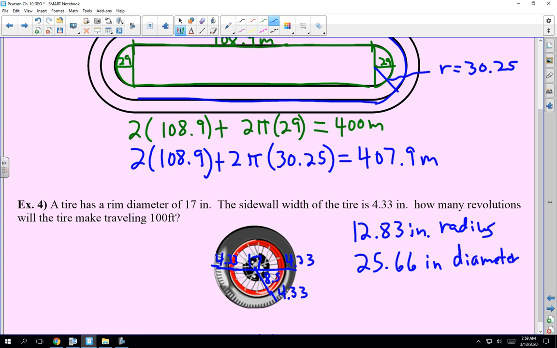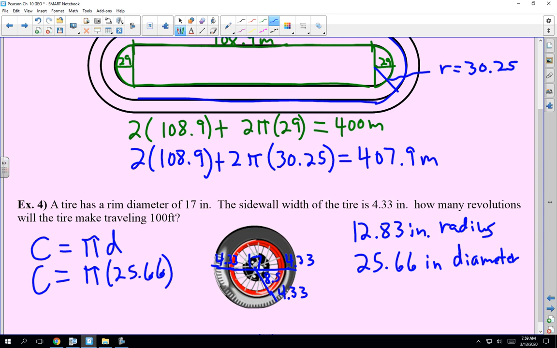And so to figure out the circumference of this thing, we've got circumference equals, let's use pi times diameter just for fun. So we calculated that diameter to be 25.66. So pi times 25.66, let's see, for one full turn, give us our inches for one full turn.